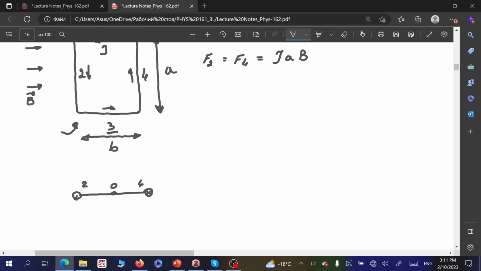How do we define the orientation? Who will remind me? Left-hand rule. So we have electric current now coming out from here, and we need to align it so the vector goes into our palm.